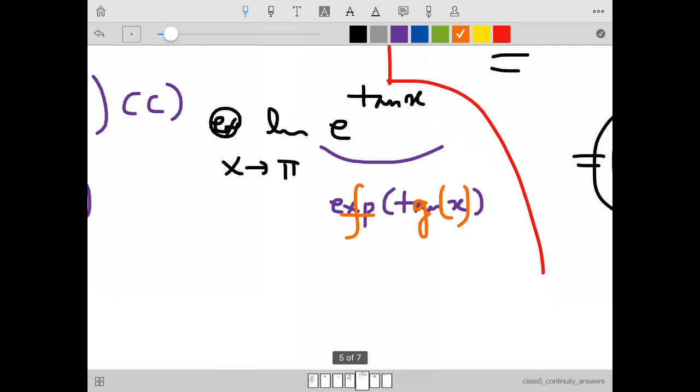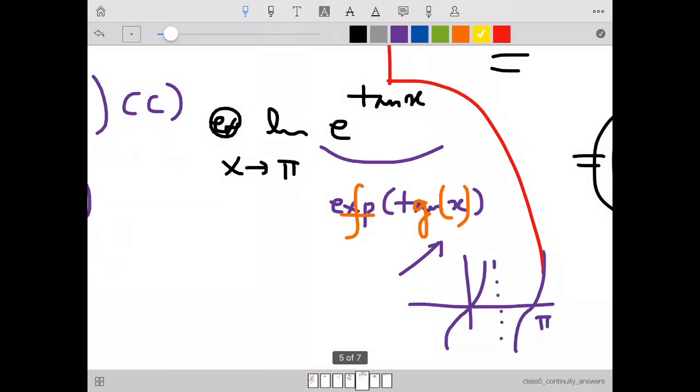So it's a limit of a composition. The graph of tangent looks like this. That's pi. So tangent is continuous at pi and exp is continuous everywhere. So this composition is continuous at pi.